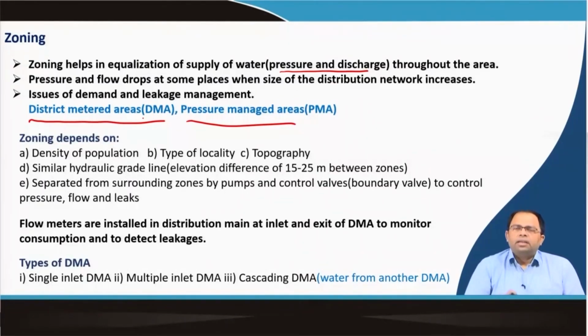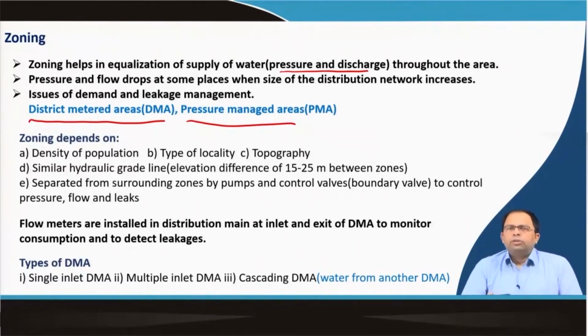Water enters and goes out, and we have meters at both the entry and exit, so we can measure how much water is actually getting in. Similarly, if there is a fall in the pressure in that particular area, we can understand some leak is happening, but other areas are fine. If this kind of zoning was not done, it would have been very, very difficult to find where the leak has happened. So, that is why we need to do zoning.